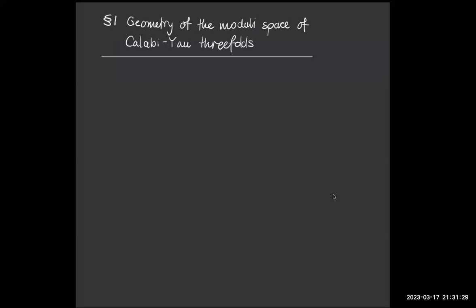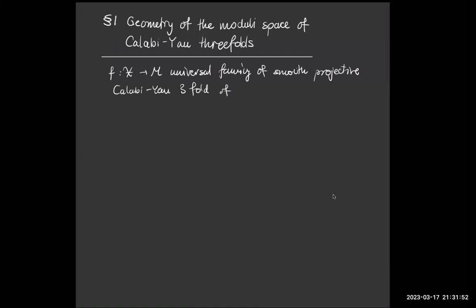So we start with a family of smooth projective Calabi Yau threefolds of fixed diffeomorphism type. And then what we get with that is an associated polarized variation of Hodge structures.